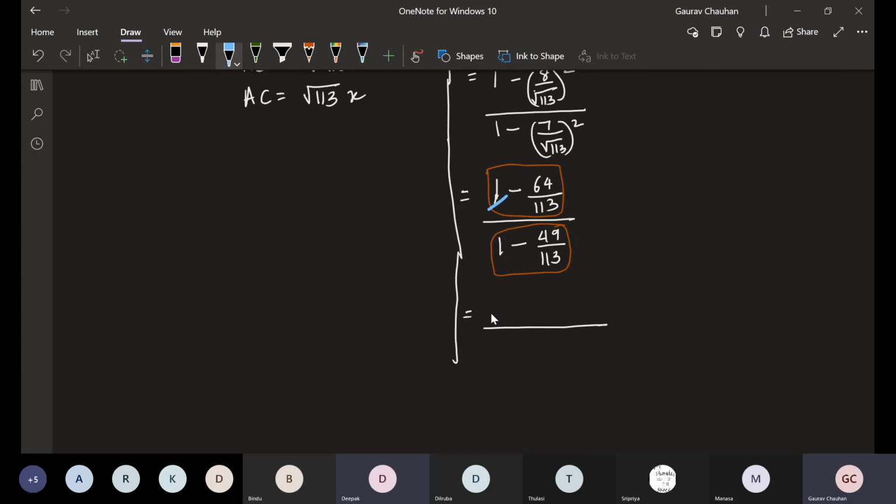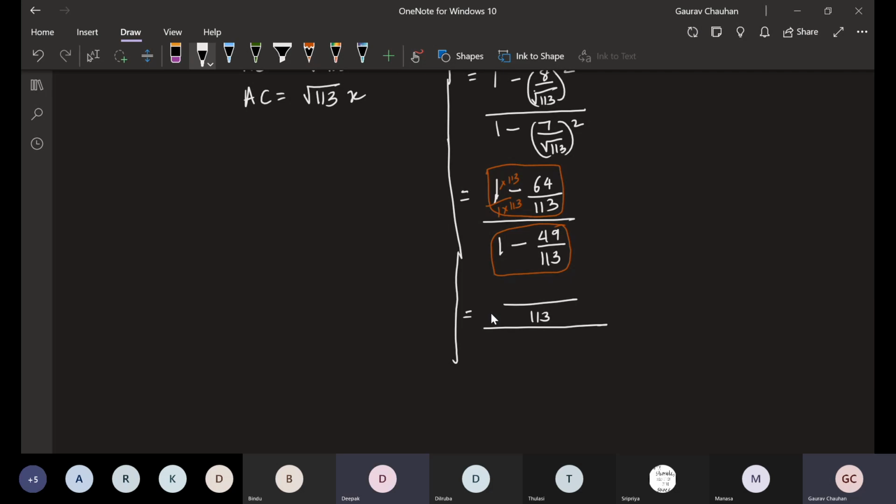Numerator. This is 1 by 1. Continue, Deepak. So we'll multiply 113 on the new denominator and numerator. Correct. So this happens to be 1 into 113 by 1 into 113. Can I just directly take by 113 here?